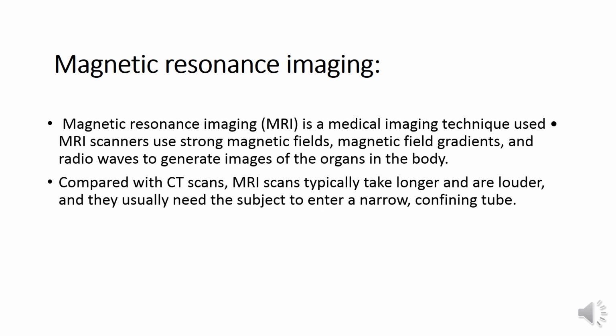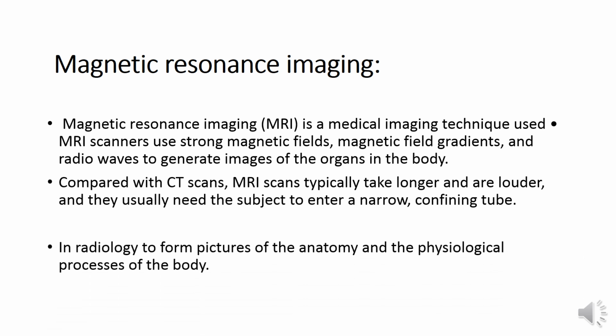Compared with a CT scan, the MRI scan typically takes longer and is louder. They usually need the subject to enter a narrow confining tube, in radiology, to form pictures of the anatomy and the physiological processes of the body.